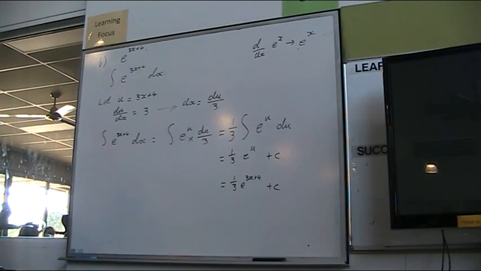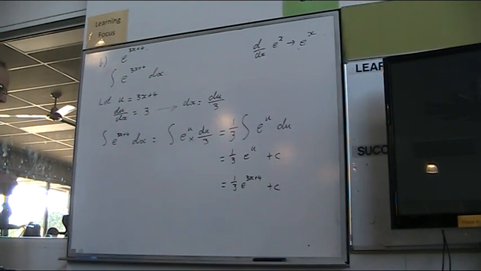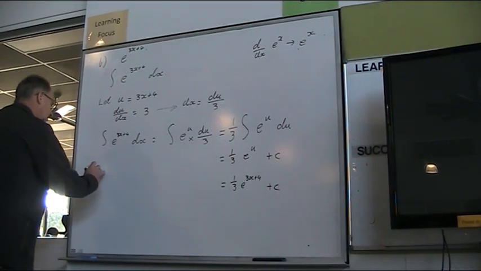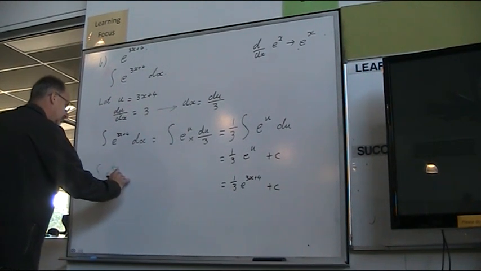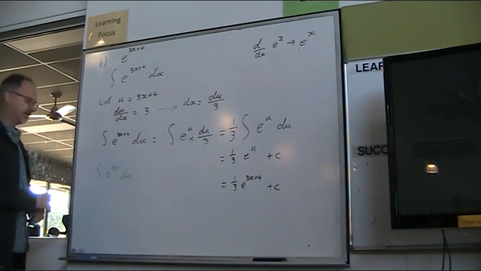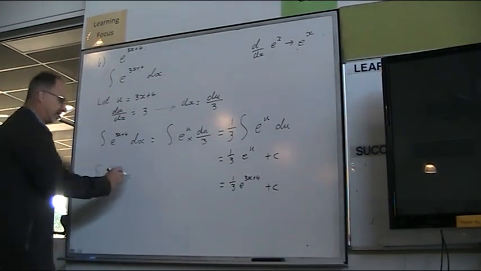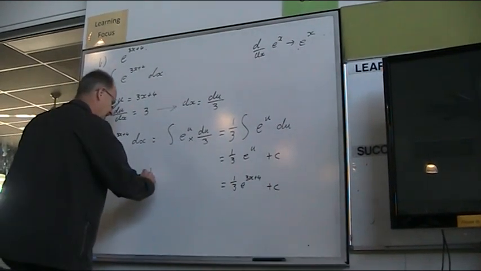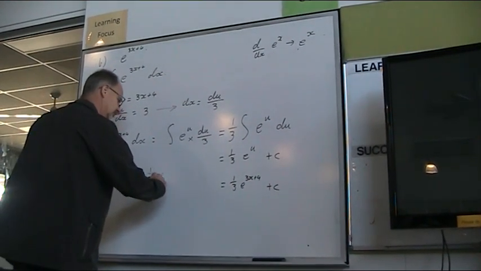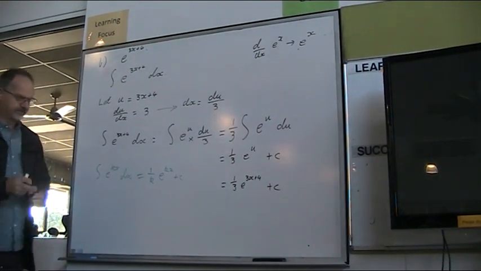So another way that we could look at that, and I think this is the way it's written in the formula sheet, is that the integral of e to the kx dx is 1 on k, e to the kx plus c.